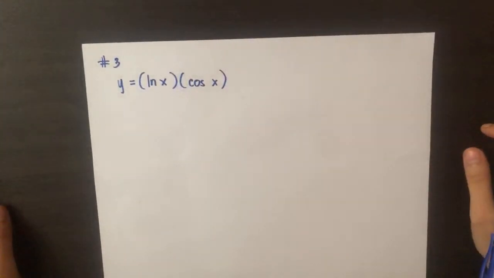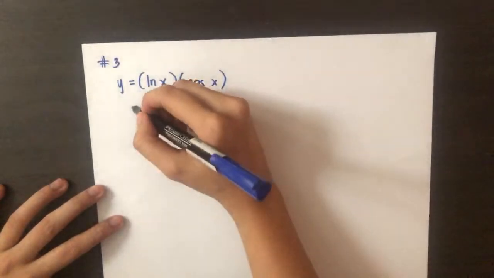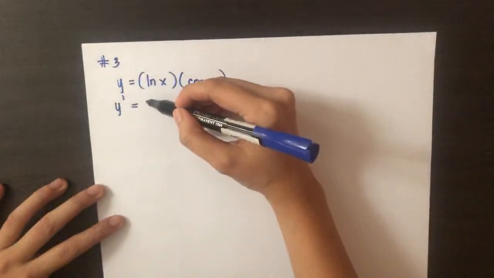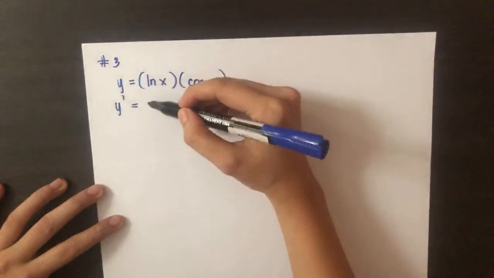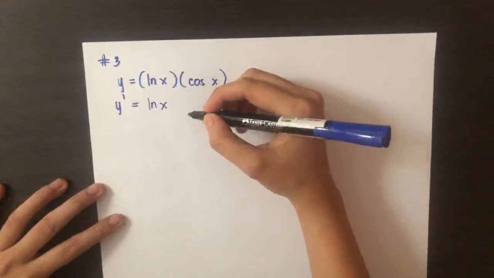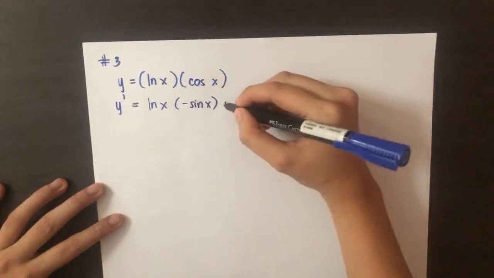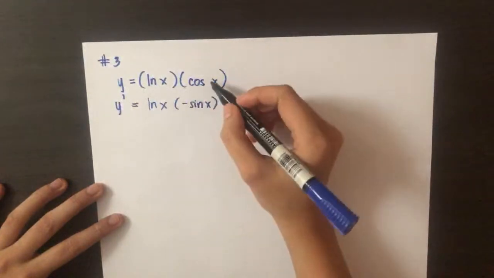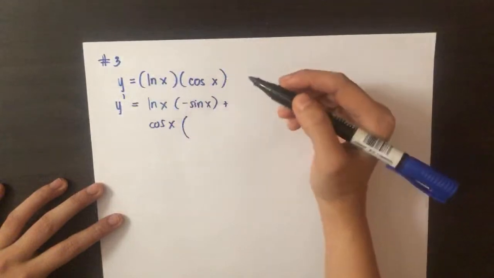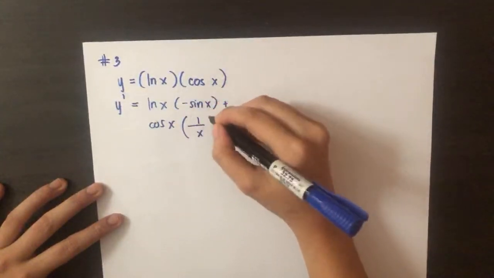So, this is product rule. The derivative is, kunin muna natin ito, ln of x times yung derivative ni cosine, which is negative sine of x, plus, kunin natin si cosine, times derivative ng ln of x is 1 over x.